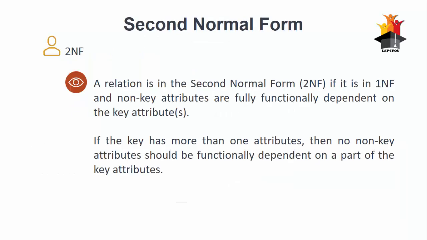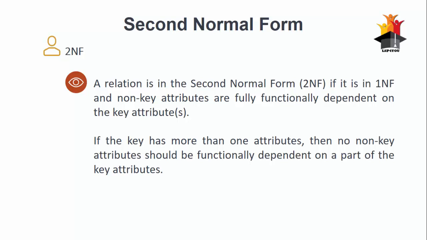Now, let's see the second normal form. A relation is in the second normal form if it is in 1NF and non-key attributes are fully functionally dependent on the key attributes. If the key has more than one attribute, then no non-key attribute should be functionally dependent on a part of the key attributes.